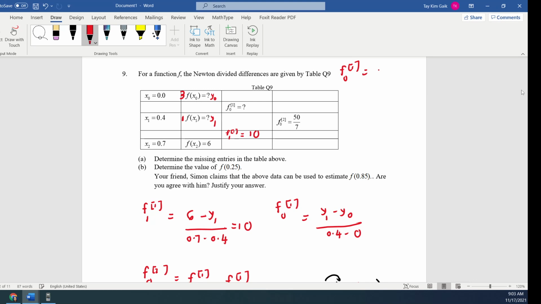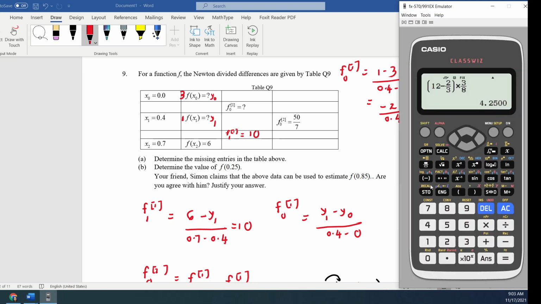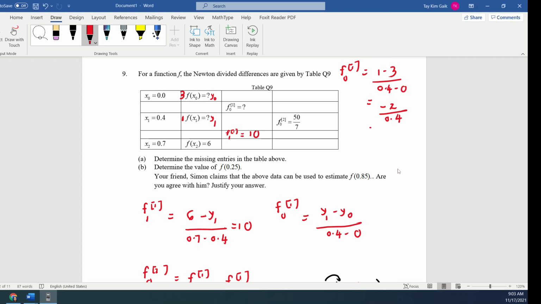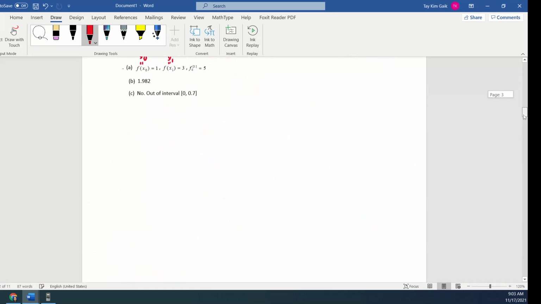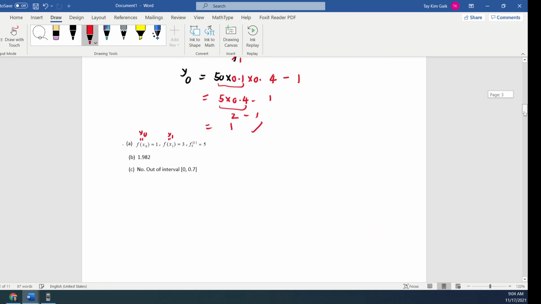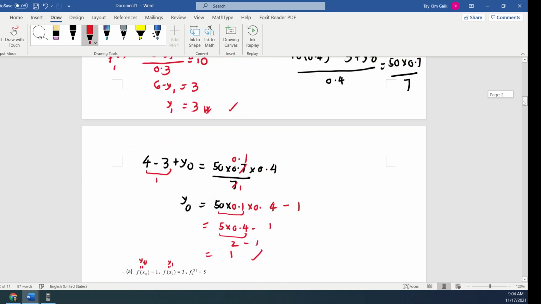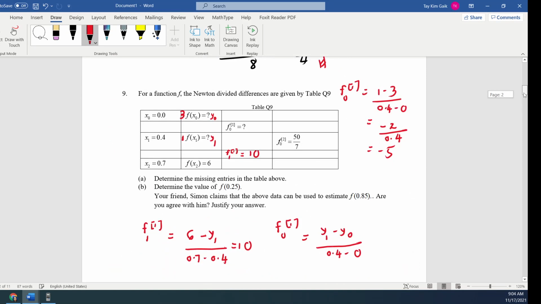Okay, 1 minus 3, divided by 0.4 minus 0. So you have 1 minus 3, negative 2, divided by 0.4. Negative 2 divided by 0.4, so negative 5. Doctor, is it 3 minus 1, right? Positive 5.